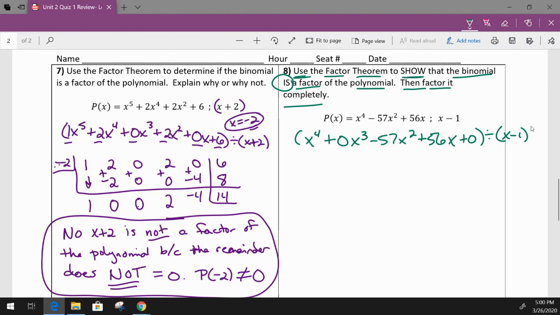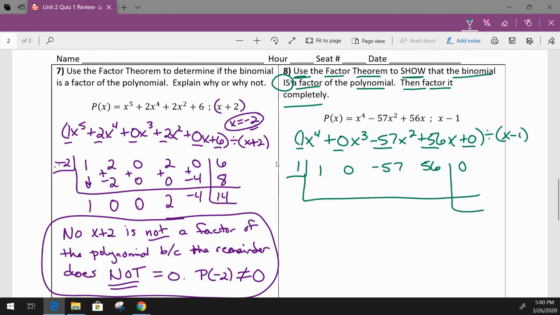All right, so since we're divided by x minus 1, the number that we're going to put in the corner is positive 1. Your coefficients are 1, 0, negative 57, 56, and 0. So bring this down.